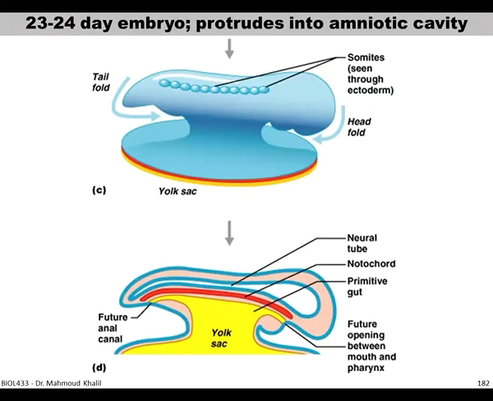The somites, around 40 pairs, are visible through the ectoderm. And you can see that head folds start to appear, and tail folds as well. In the diagrammatic section, you can see the layers of the neural tube, notochord, and the primitive gut. The primitive gut starts to make an opening in the anterior and an opening in the posterior to form the future mouth and pharynx and the future anal canal.